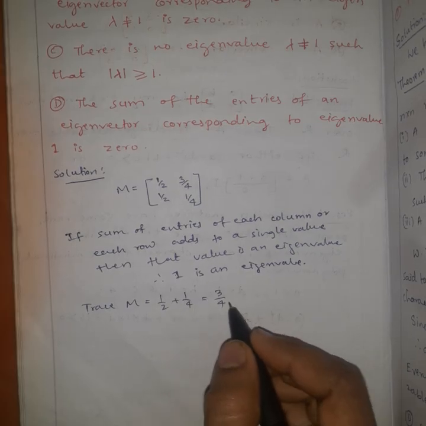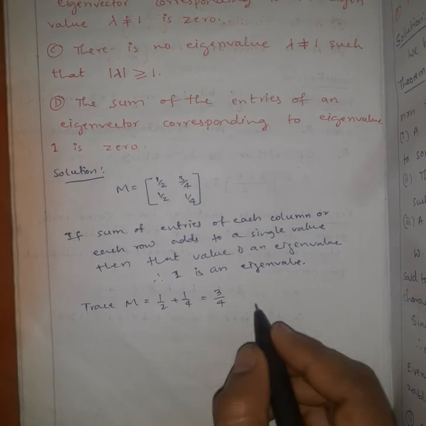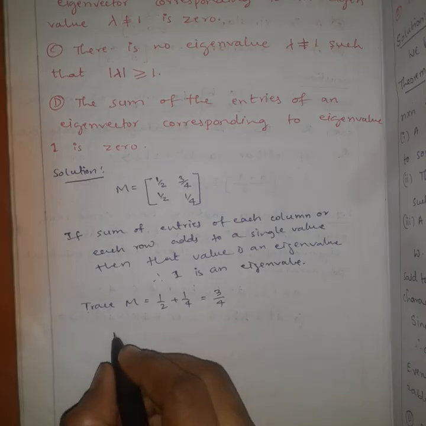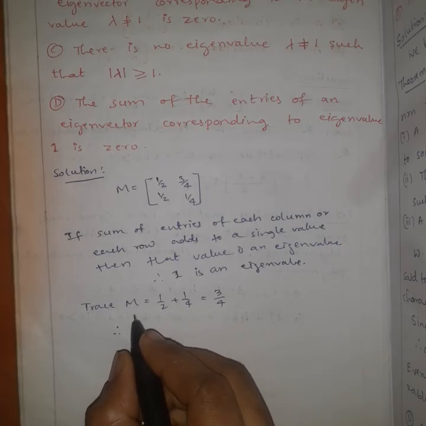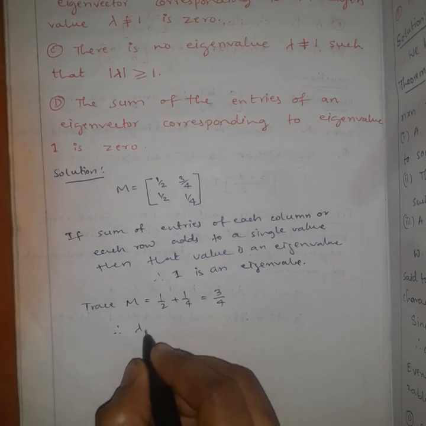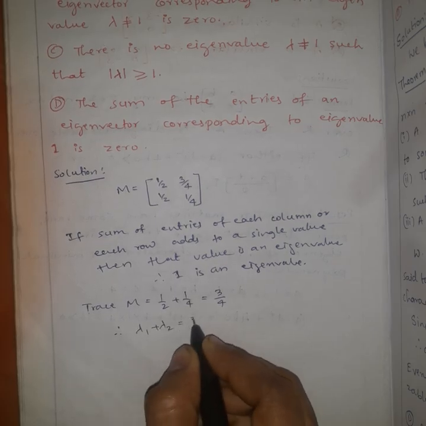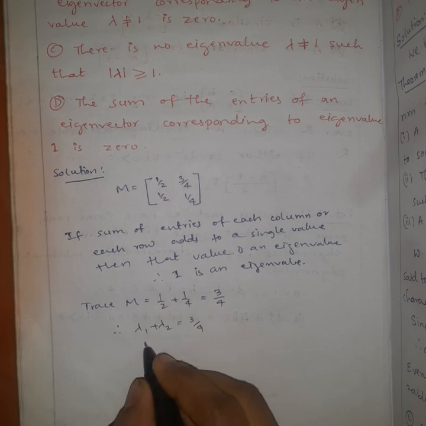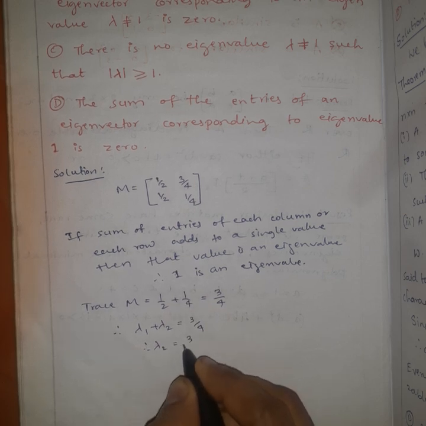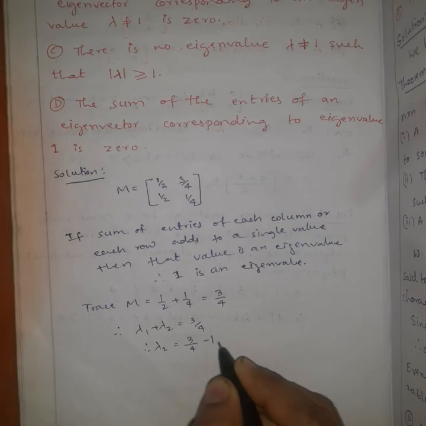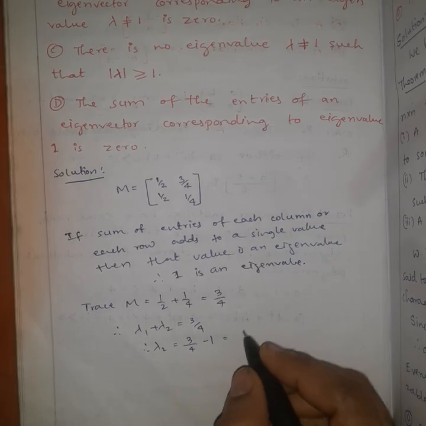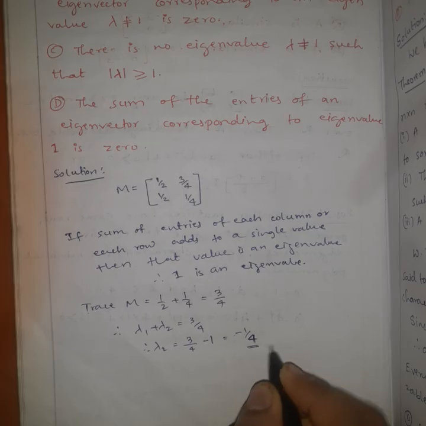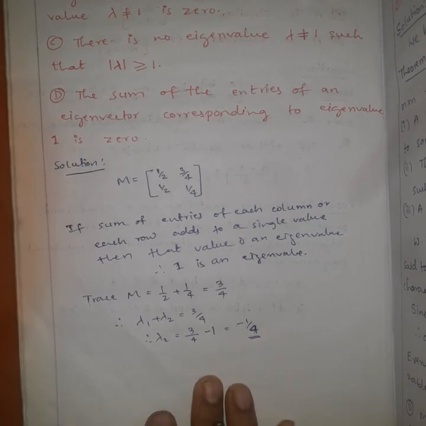We have the sum of eigenvalues is the trace. So lambda 1 plus lambda 2 is equal to 3 by 4. Lambda 1 is 1, we know. Therefore, lambda 2 is equal to 3 by 4 minus 1. This is minus 1 by 4, another eigenvalue.